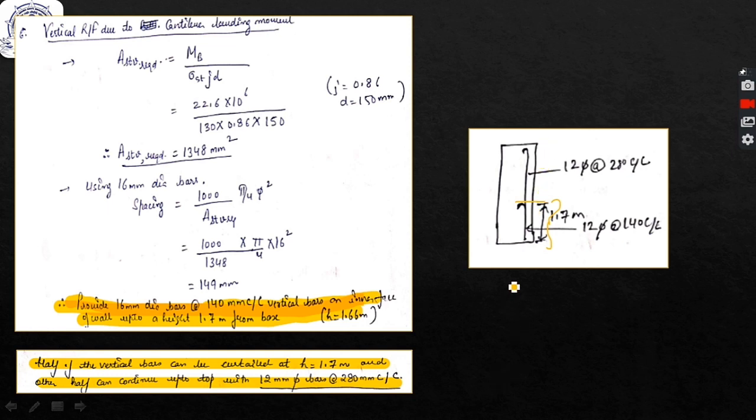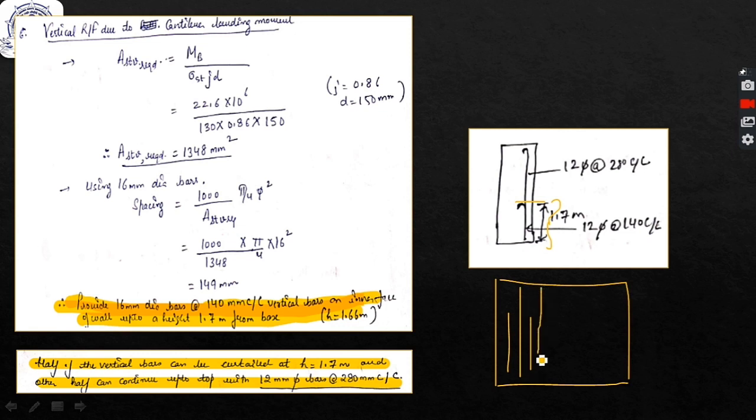So the front elevation of this wall will look like this: 1.7 meter high vertical bar, another full height vertical bar, then again a smaller bar. This is the smallest height up to which most of the reinforcement is densely provided.